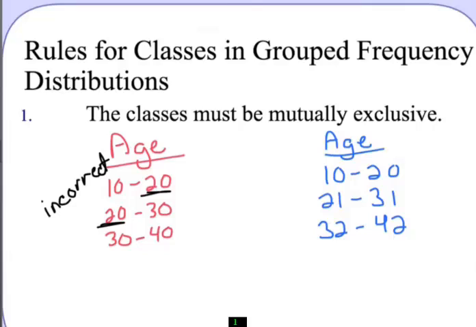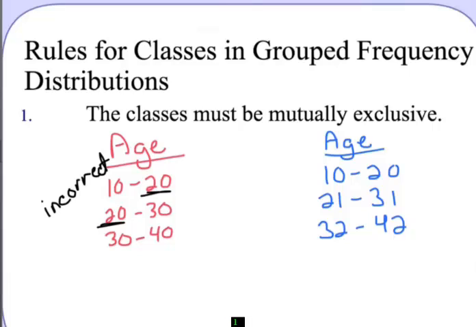Now notice that if someone is 20, they only go in this class. If someone is 21, they come to the very next class, which brings me to my next rule for grouped frequency distributions: they must be mutually exclusive, they cannot overlap, but they also must be continuous.